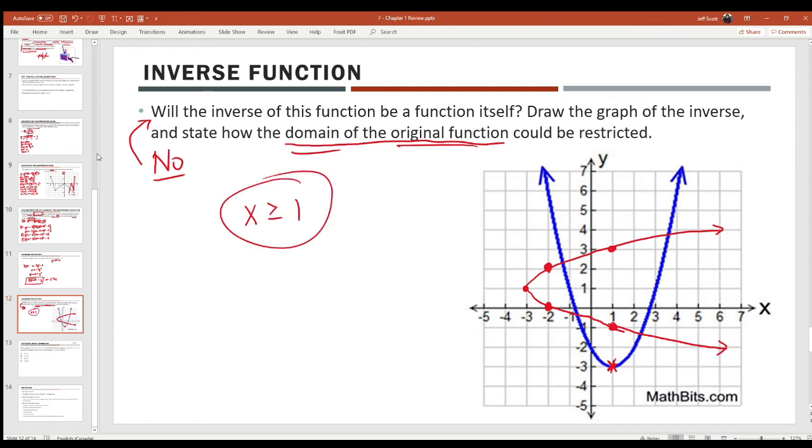That's all you need to say to restrict the domain. So if we're keeping that, that means we're keeping this whole part of the original graph, but we're not keeping that other arm on the other side, right? So it's only that one side. That's restricting the domain so that if you were to take the inverse, you'd be keeping that arm, and therefore your inverse itself would be a function.